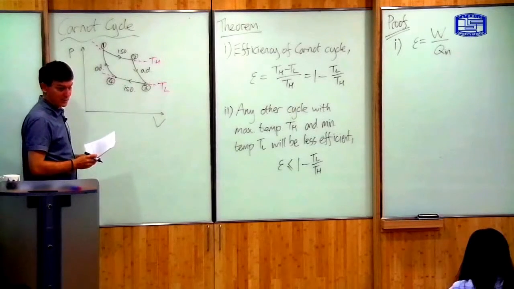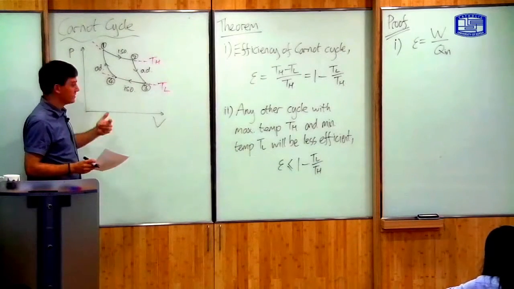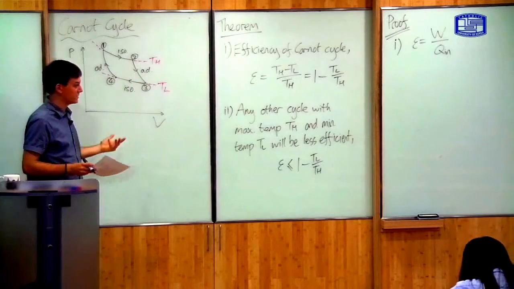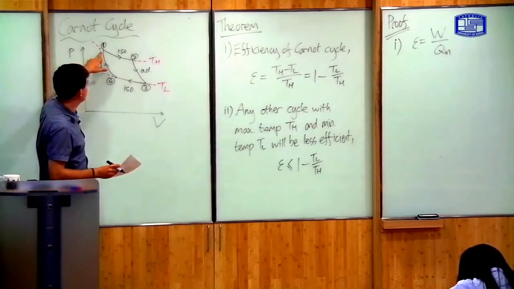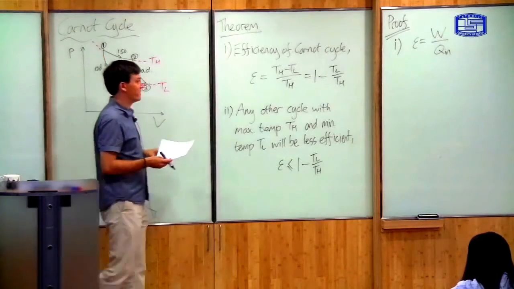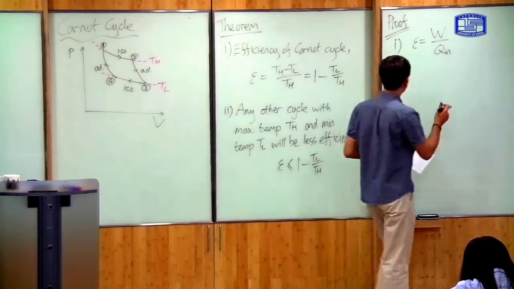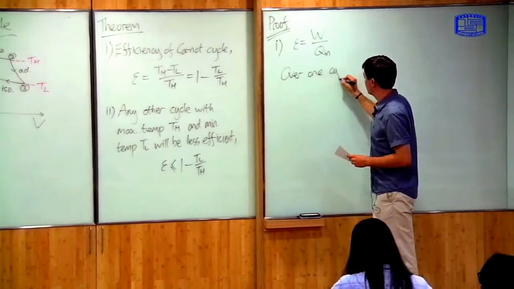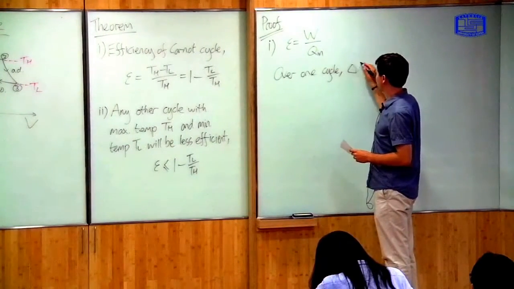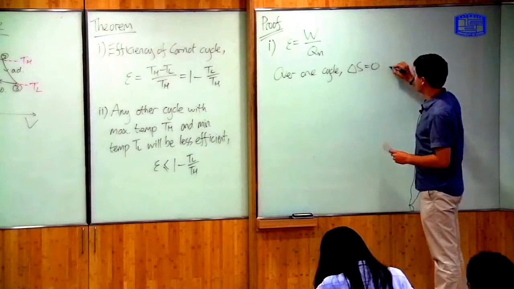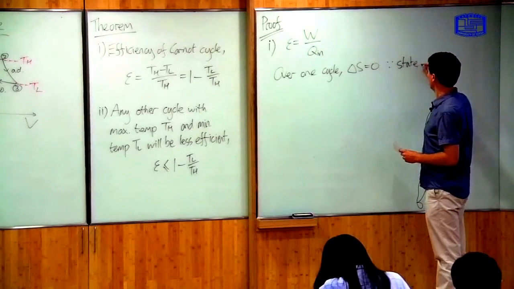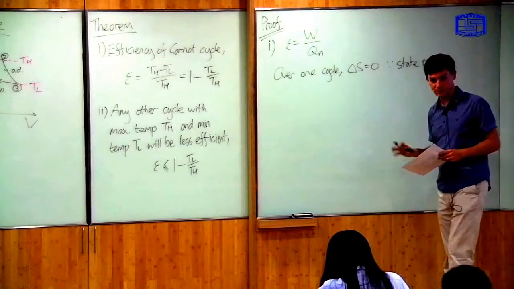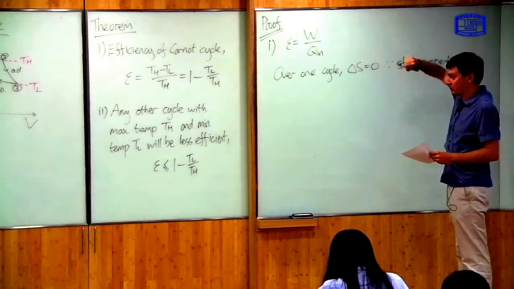Over one cycle, the total change in entropy must be 0, because entropy is a state property. So when we get back to where we started, we must be at the same level of entropy. So over one cycle, we must have delta S equals 0 because it's a state property, which means it only depends upon the point, not the path.